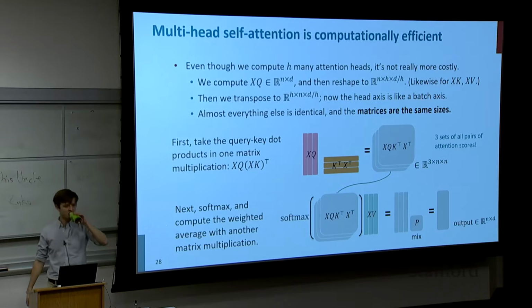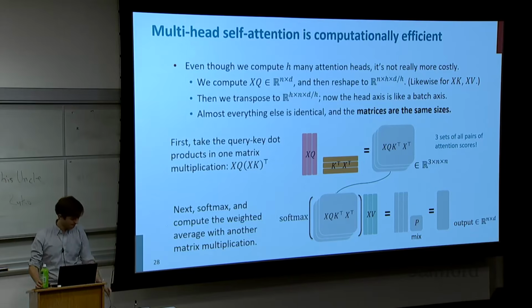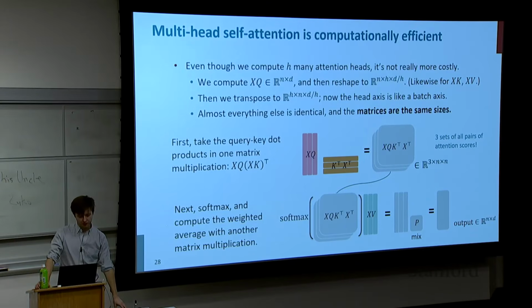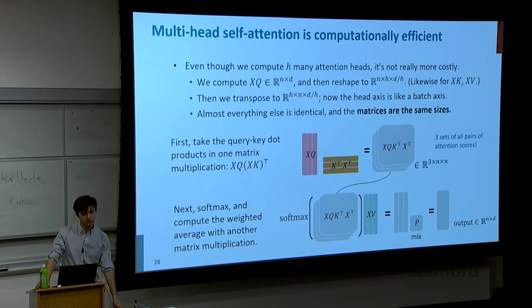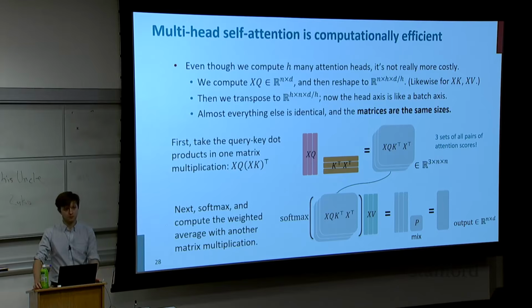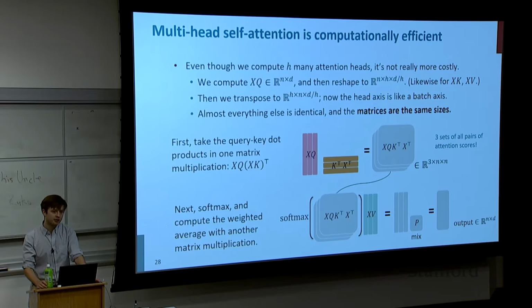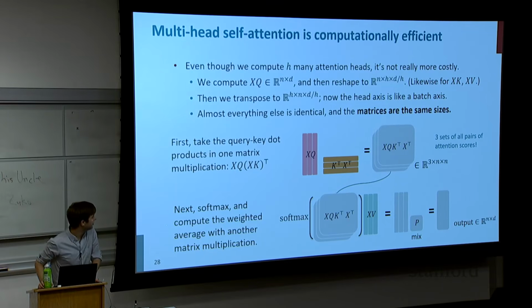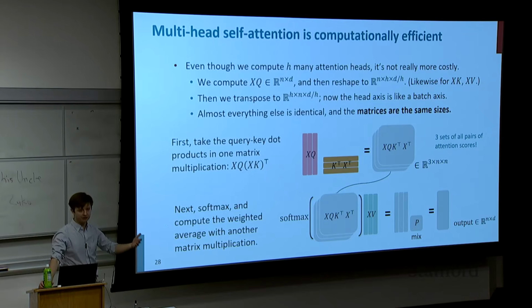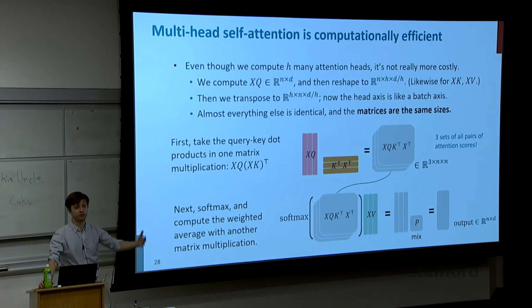I'm wondering, have there been studies to see if information in one of the sets of the attention scores, like information that one of them learns, is consistent and related to each other, or how are they related? So the question is, have there been studies to see if there's consistent information encoded by the attention heads? And yes, actually there's been quite a lot of study and interpretability and analysis of these models to try to figure out what mechanistic roles each of these heads takes on.